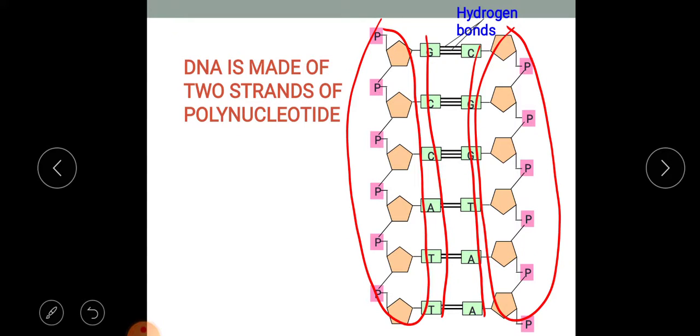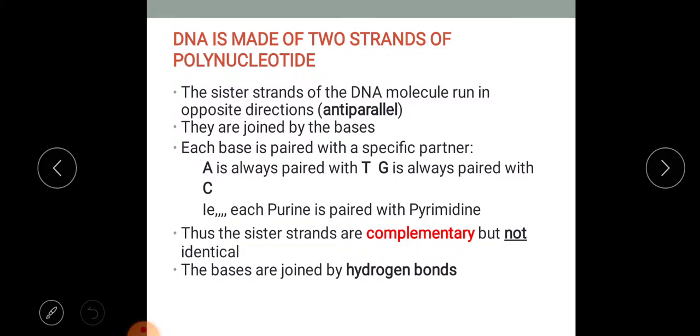Here you can see guanine is bonded to cytosine by a triple bond, while adenine is bonded to thymine through a double bond. Clear? So this is the two-strand structure of your DNA, and DNA is made up of two strands of polynucleotide.